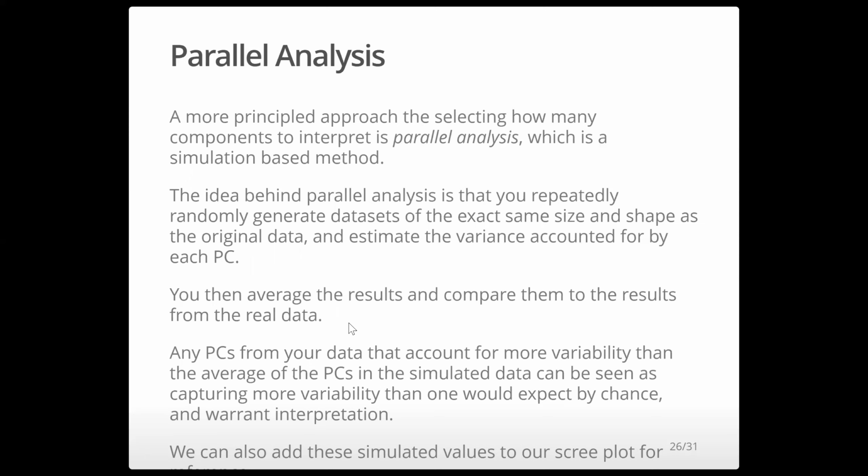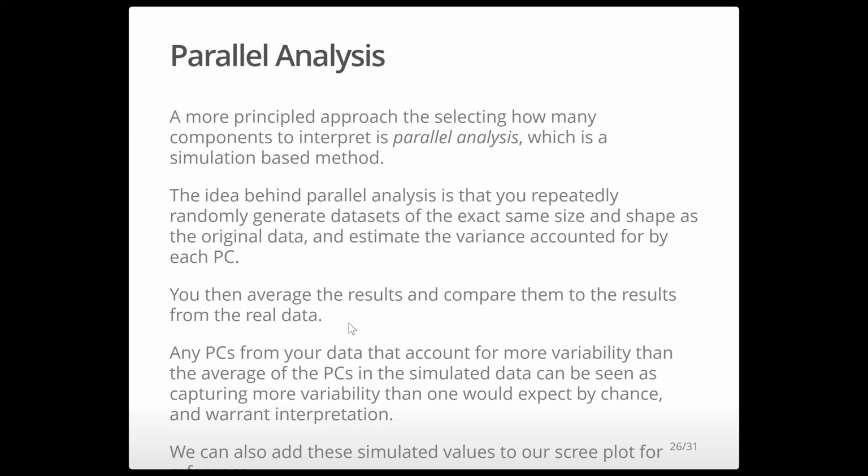Then you average the results for each of those simulated data sets, and you compare the eigenvalues from the covariance of your original data to the average eigenvalues of the simulated data. Any principal components from your actual data that have higher eigenvalues than the average ones from the simulated data can be seen as capturing more variability than one would expect by chance.